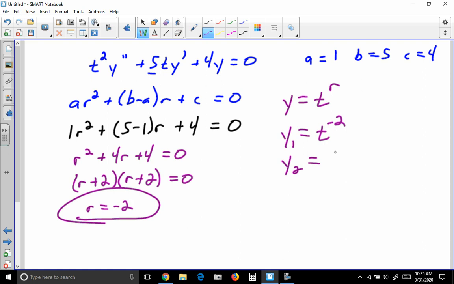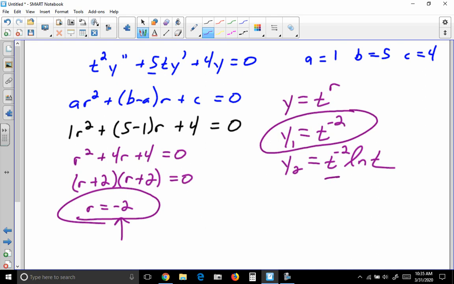For our second solution here, we have t to the negative 2 natural log t. So if we have a repeated solution, a double root, that solution becomes our r, but to get our second solution, we still have that same r, but we pick up a natural log t.